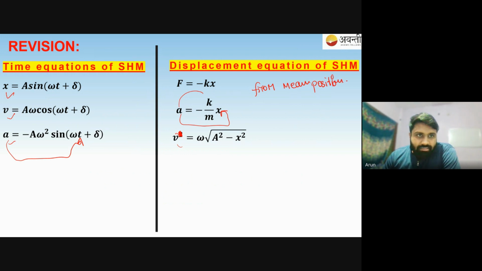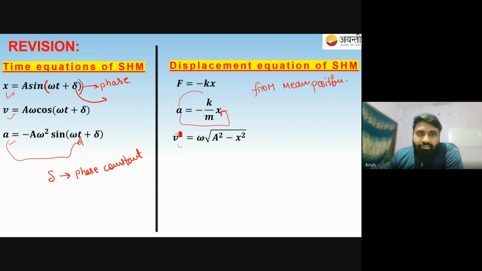For x, the time equation is x equals a sine omega t plus delta, where this whole term omega t plus delta is termed as phase, and delta itself is termed as phase constant.